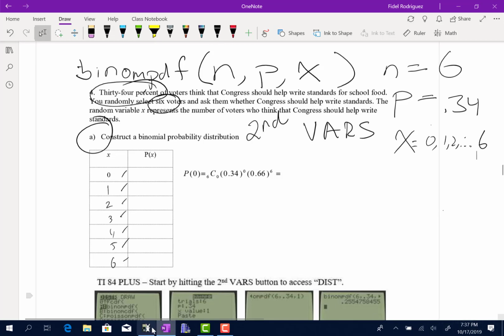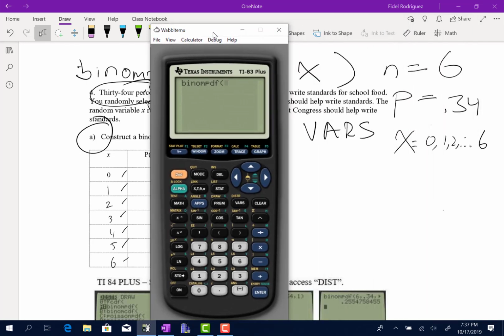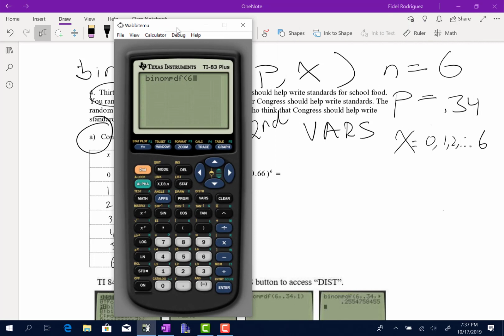So when I grab my calculator and I have that binomial PDF, we already said that our n number was 6, and then I'm going to do a comma. We said our P number was point what? 34. And then I'm going to do this a certain number of times. So I'm going to put 0 the first time, and then I'm going to close it off. Oops, I didn't want to do that.